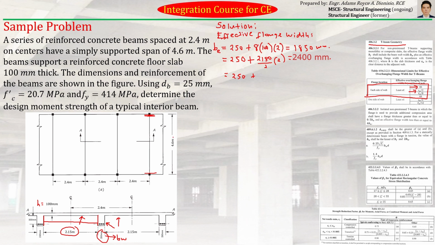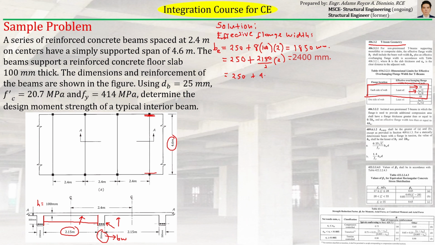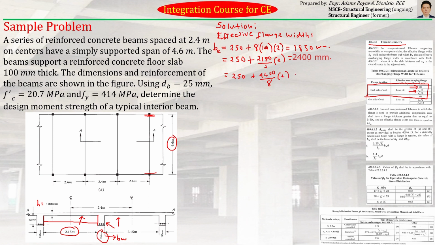Let's just use the center to center spacing, the given 4.6, or 4,600. 4,600 divided by 8 times 2, because it is on each side of the web. So that will be 250 plus 4,600 over 8 times 2, which will be equal to 1,400.